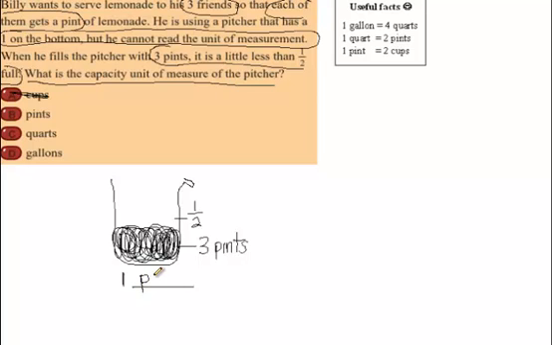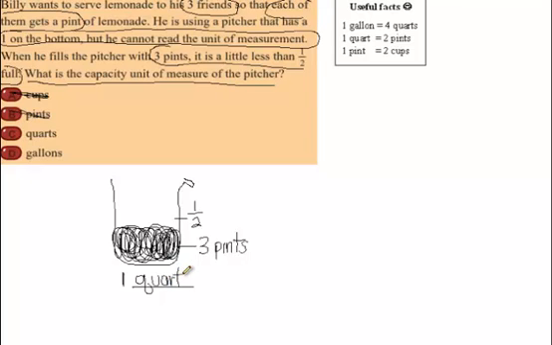Is it 1 pint? Well, how the heck can it be 1 pint? How can this whole pitcher be 1 pint when I've got 3 pints in here and it's not even halfway up? That answer's crazy too. Okay, now let's think. We got quarts.